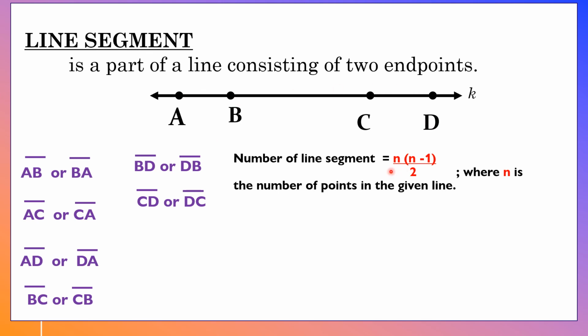So we substitute the value of n with 4: 4 times the quantity 4 minus 1 all over 2. 4 minus 1 is equal to 3. Then 4 times 3 is 12, divided by 2, so we have 6. The line segments are AB, AC, AD, BC, BD, and CD.